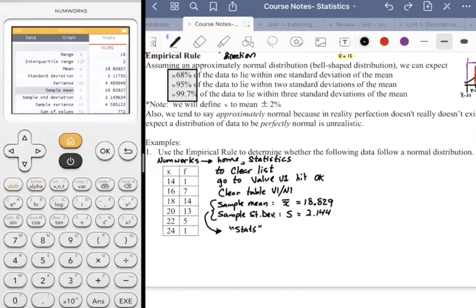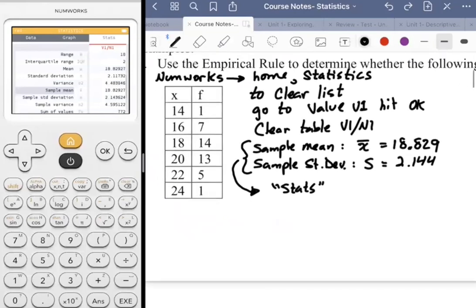So X bar minus 1 times the standard deviation, and X bar plus 1 times the standard deviation. All right, that's our first computation.